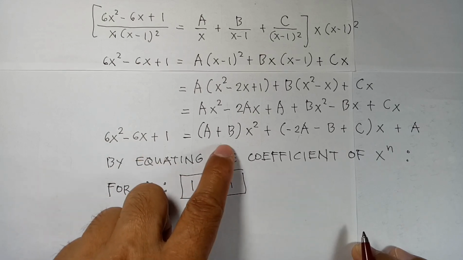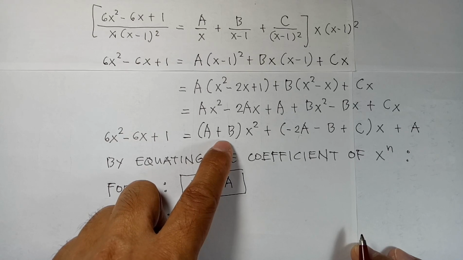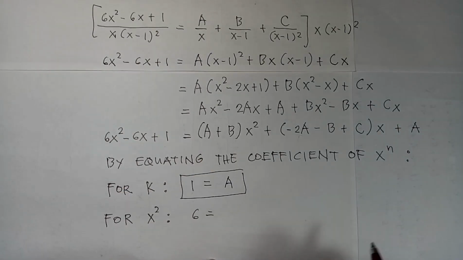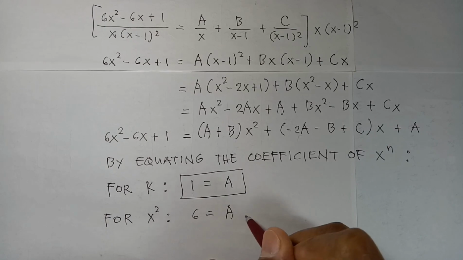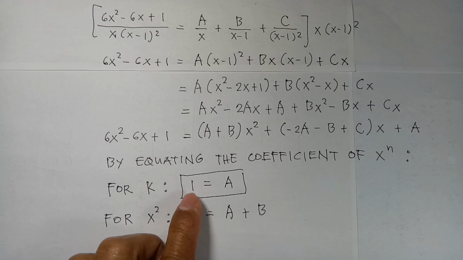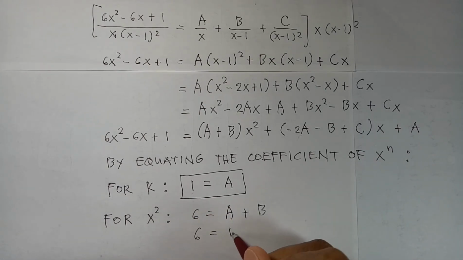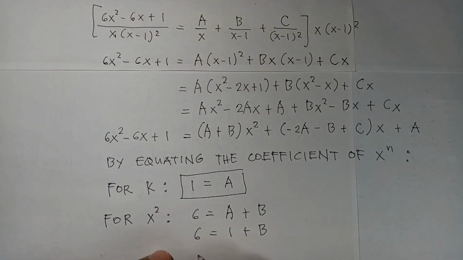So equate that to the coefficient of x squared at the right side of the equation, a plus b. Now a is 1. So I will have 6 equals 1 and then plus b. Therefore b equals 5. So this is now the value of b.